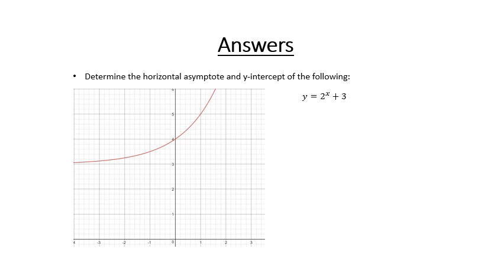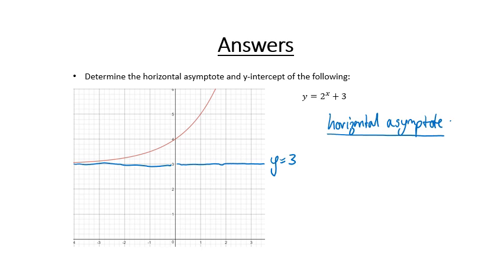Okay, so let's see how you went. The horizontal asymptote is basically this line along here, because the graph is getting closer and closer, but it never actually touches. So this is y equals 3. So the horizontal asymptote is y equals 3.